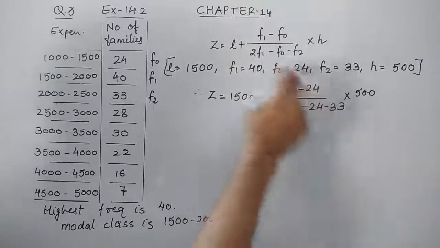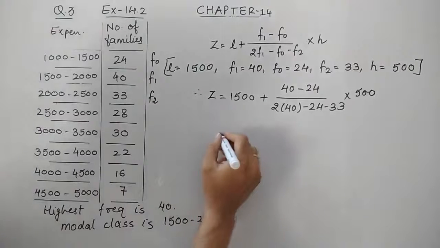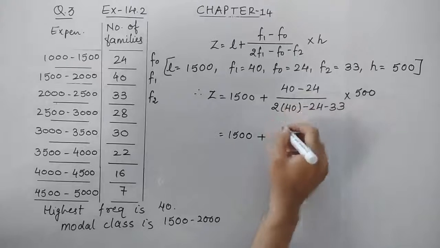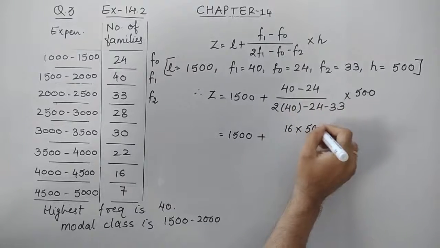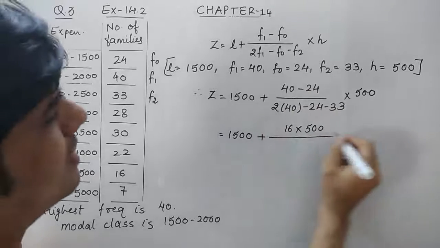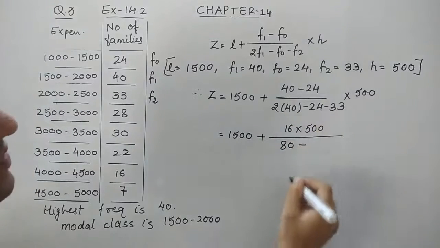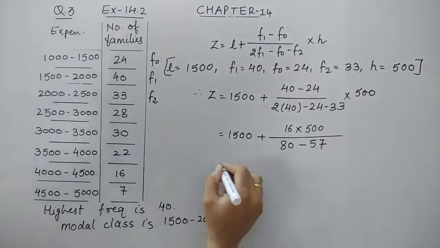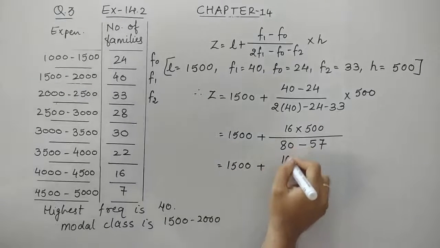In this step I have just substituted all these values in the formula. 1500 as it is. The subtraction is 16. We should always multiply this in the numerator, that is 500. It is 8000. We do the addition of these two, that is 57. Further, 1500 plus, we keep it as it is.